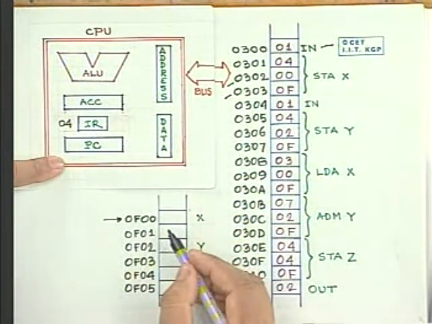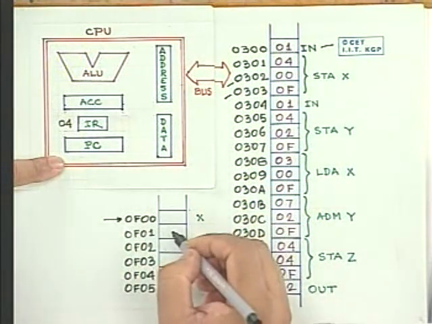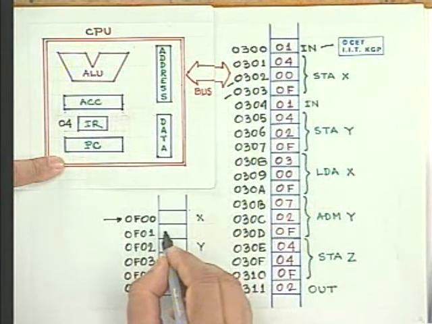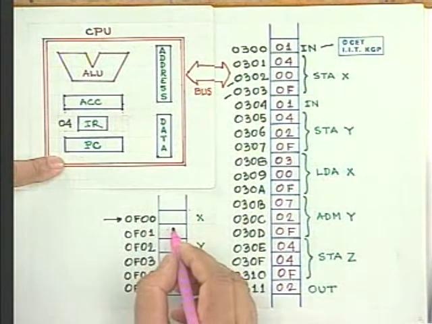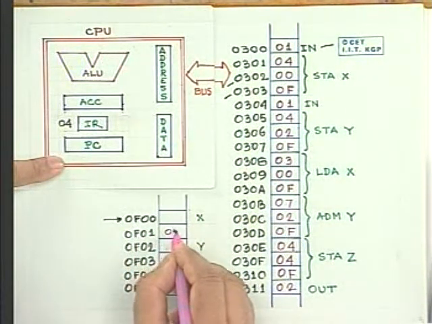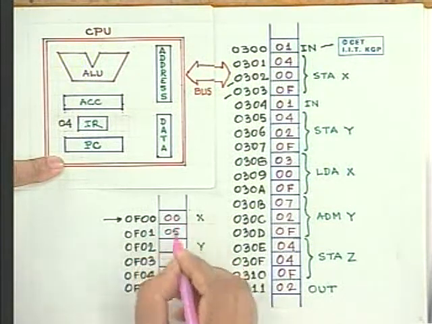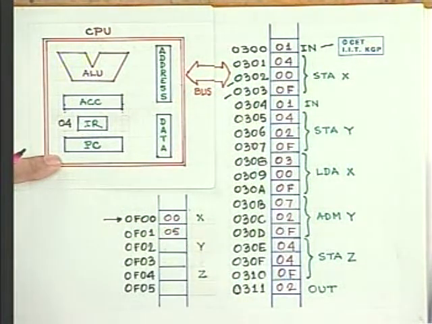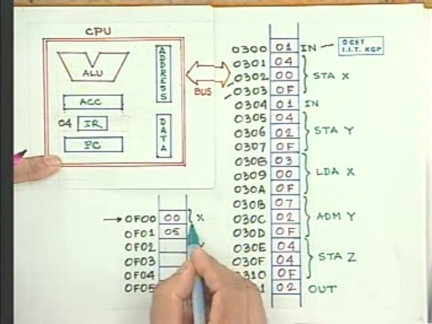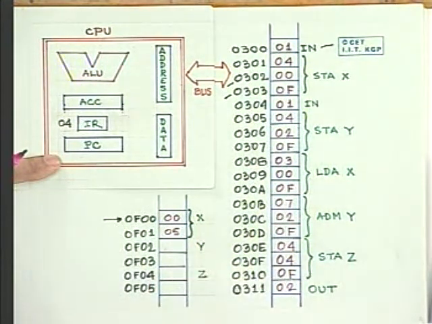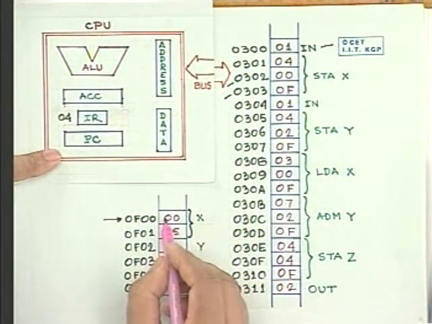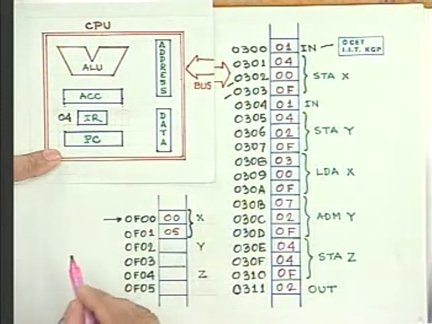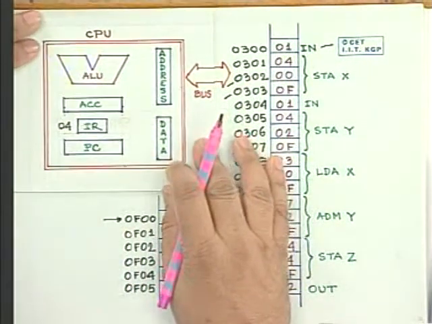If I assume that input was 0500, then the data consists of 2 bytes. The higher byte is 05 and the lower byte is 00. That means the data is 0500.